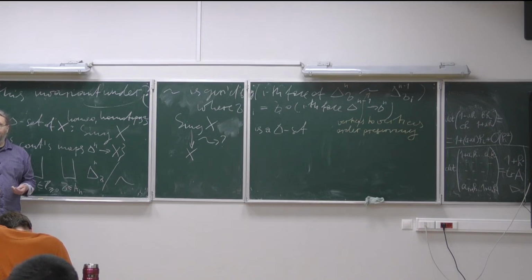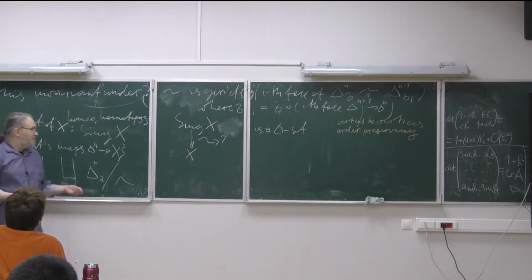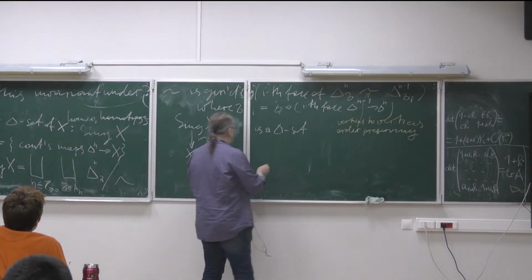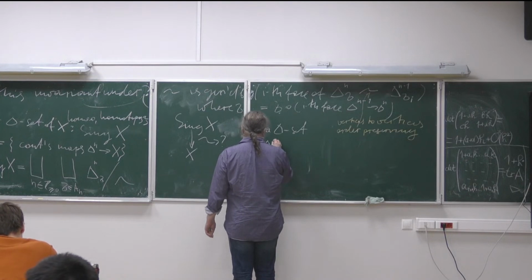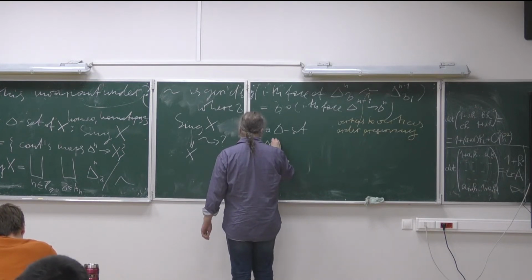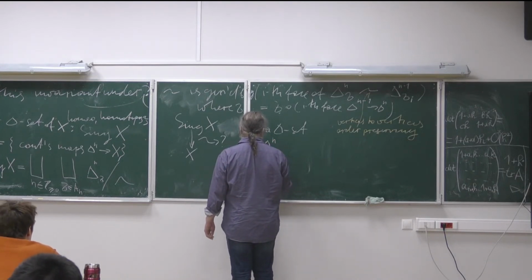We have a map from every simplex to X, and it preserves... Exactly. Exactly. So suppose we have delta^n_sigma.